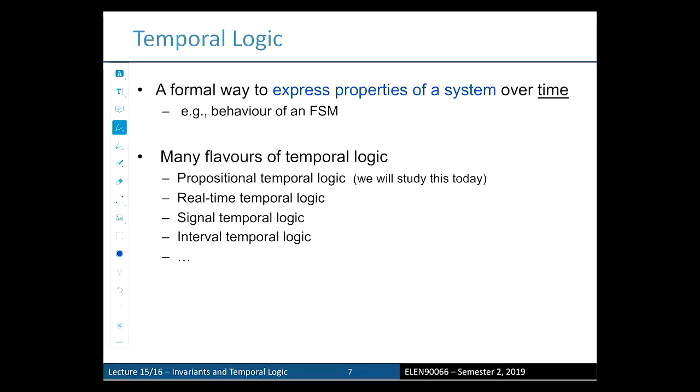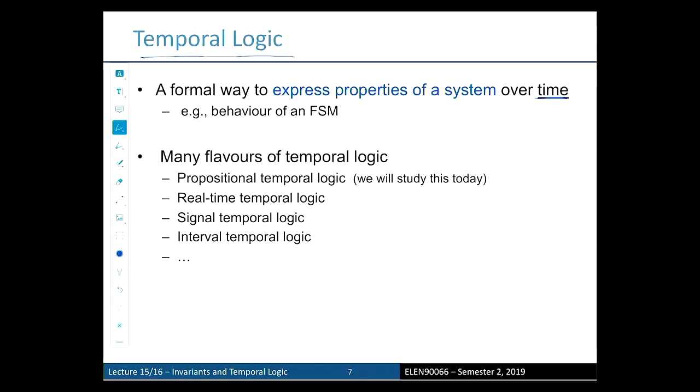So one way of expressing these desired properties over time, again the temporal element, is to use temporal logic. For example, if you want to describe the behavior of a finite state machine, we need to use the language of temporal logic to describe that behavior.